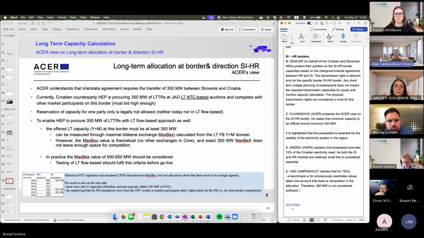But the max BECS KPI as such is not the historical benchmark. I think that should be the difference, that you should clarify that there are two ways of measuring the flow-based domain.